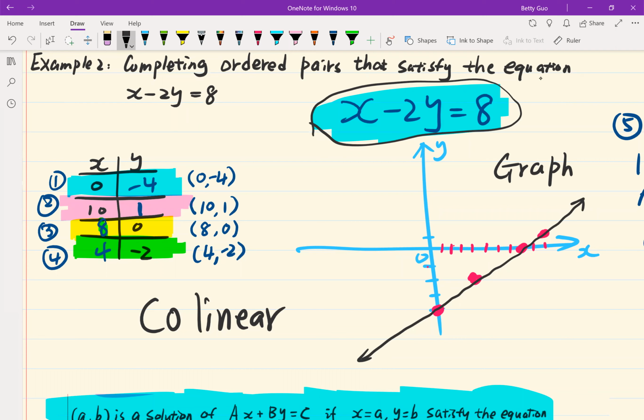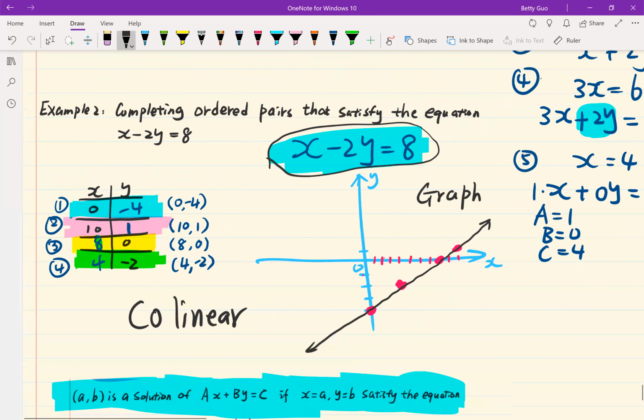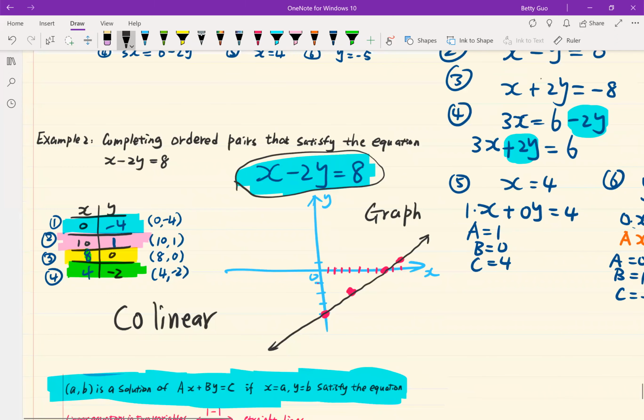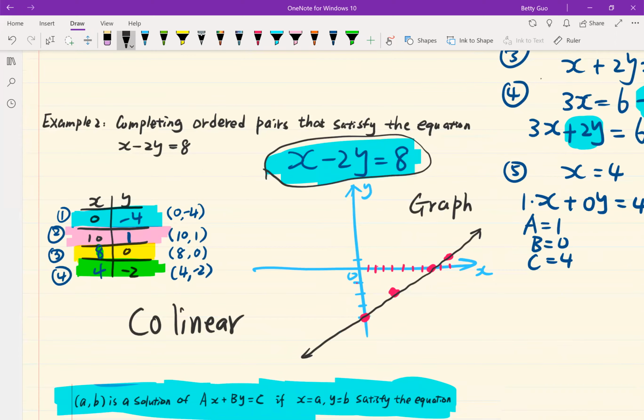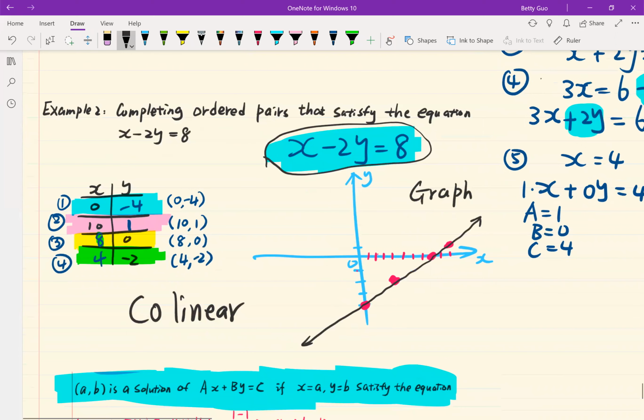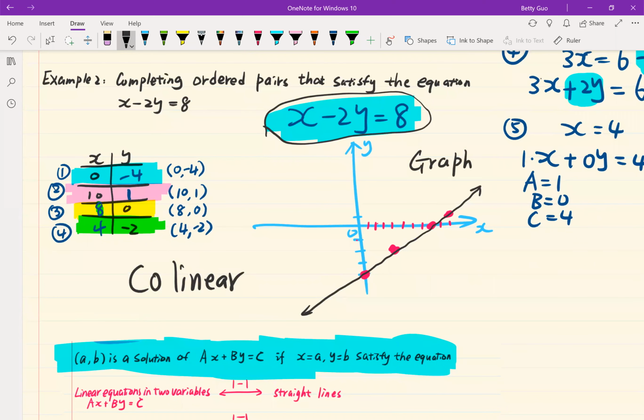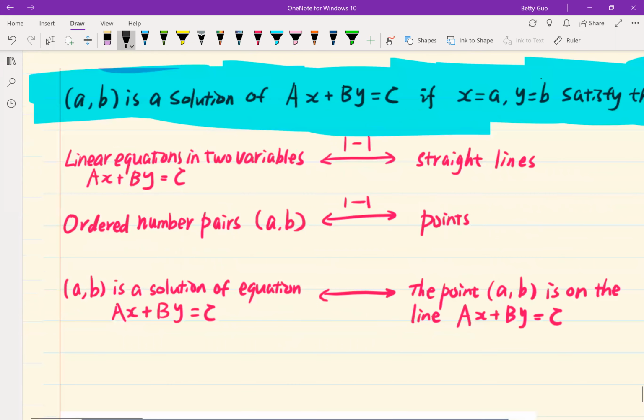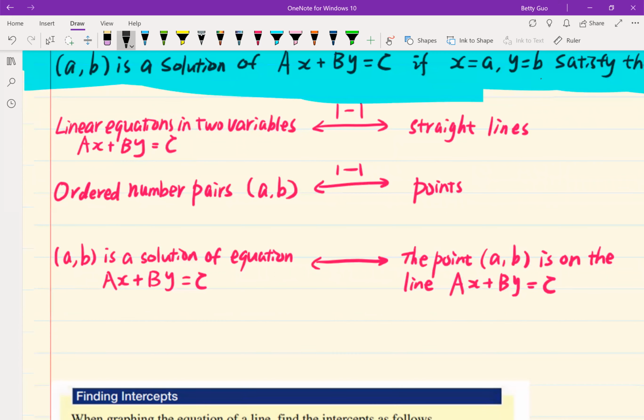In fact, any linear equation in two variables is a straight line on the plane in a rectangular coordinate system. This is just one example. And what's the connection between linear equations in two variables and straight lines? I want you to please understand those three things.